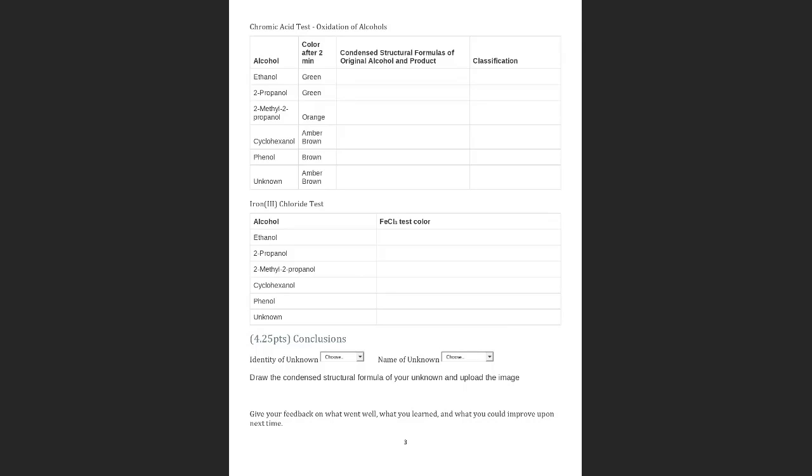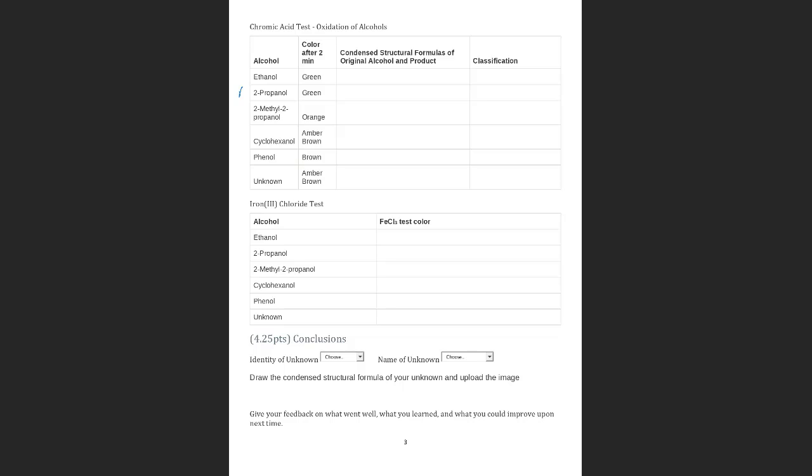For the 2-propanol, we know that it is a secondary alcohol and the product is a ketone. And we said that for the phenol, it's a benzoquinone.